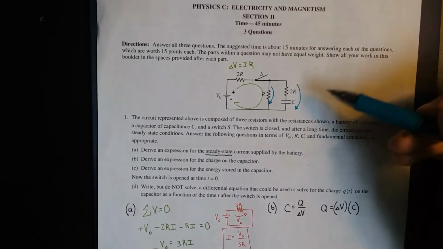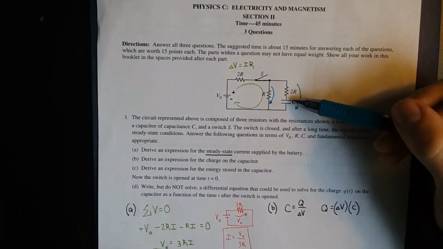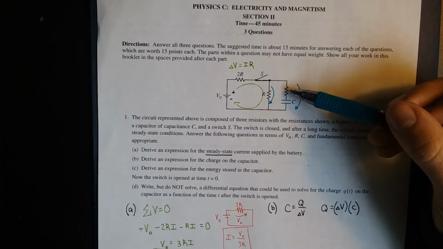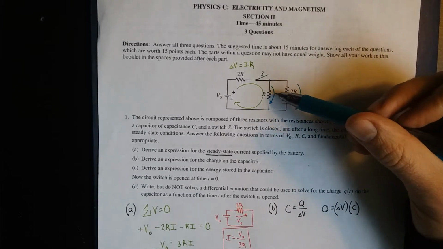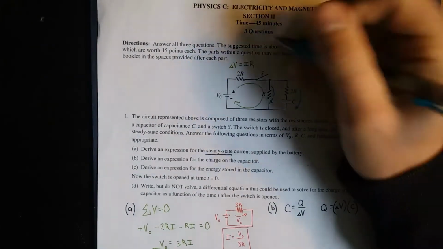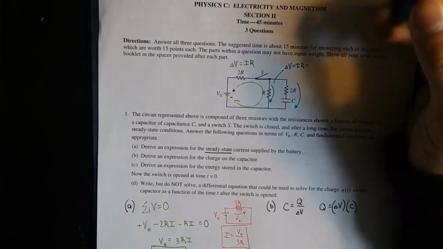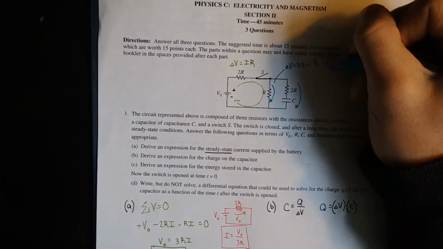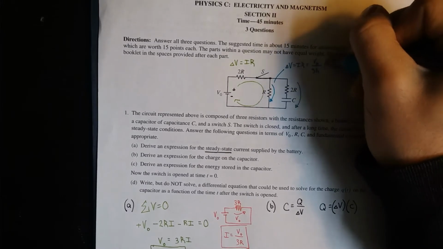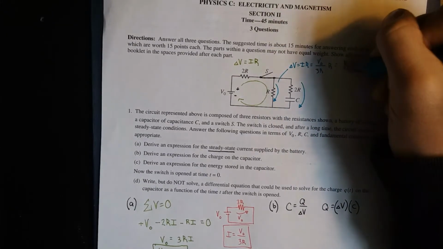So all the potential difference in this branch is caused by that capacitor. How much potential difference is there across the other branch? Well, that's easy. That's Ohm's law. Delta V equals I times R. And we know what the current is already. V0 over 3R multiplied by R equals V0 over 3.